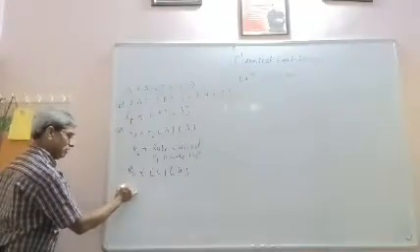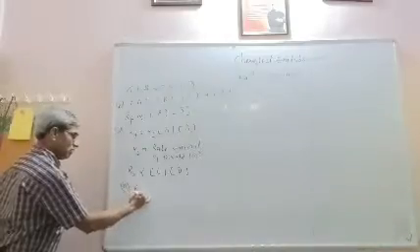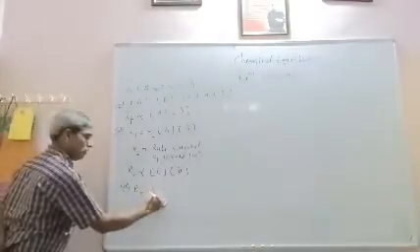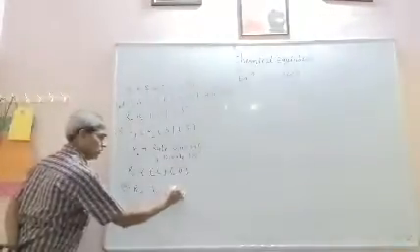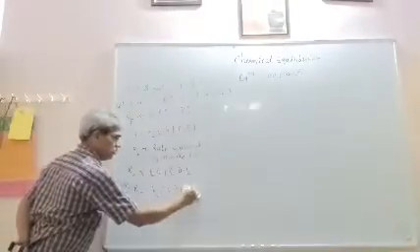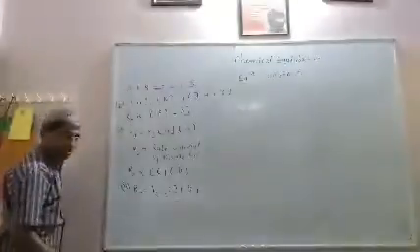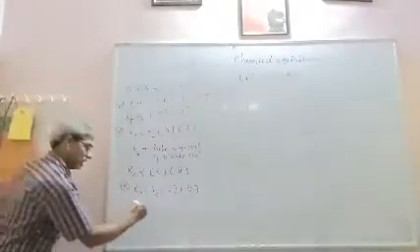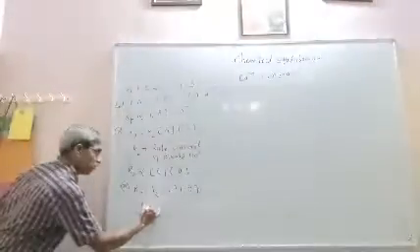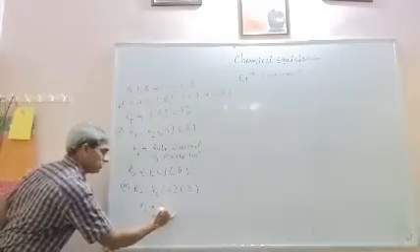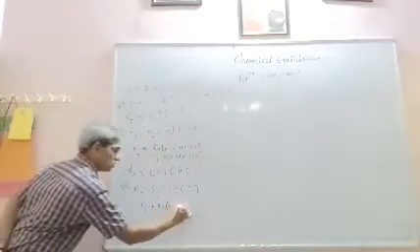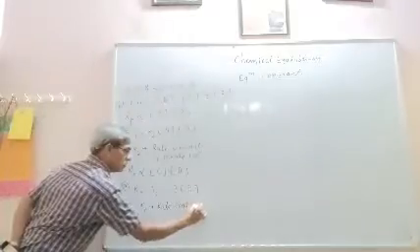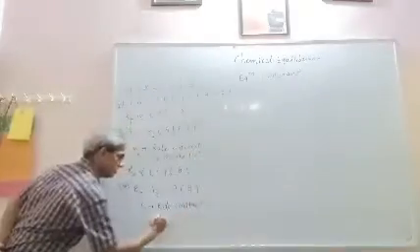We can write this equation in another way also: RB equals K2 into active mass of C into active mass of D, where K2 is the rate constant of the backward reaction.